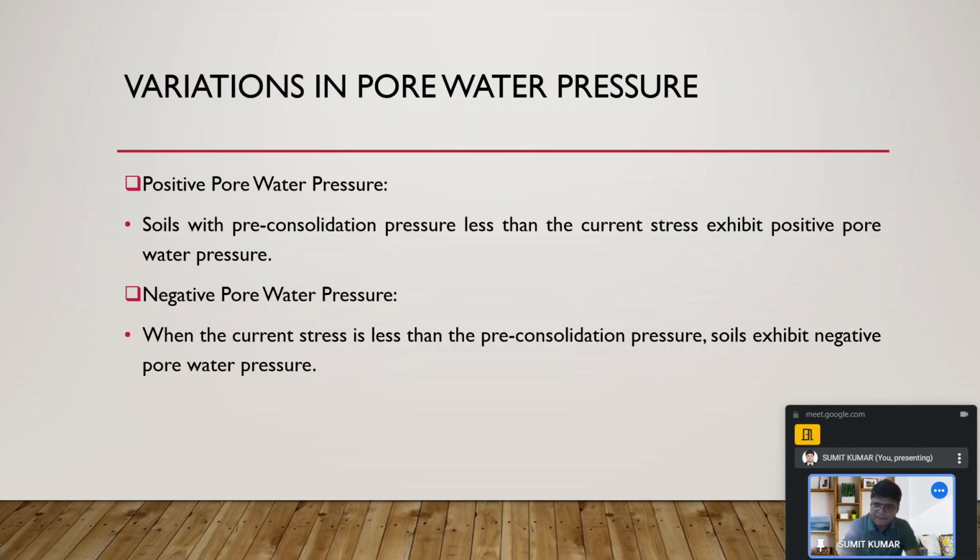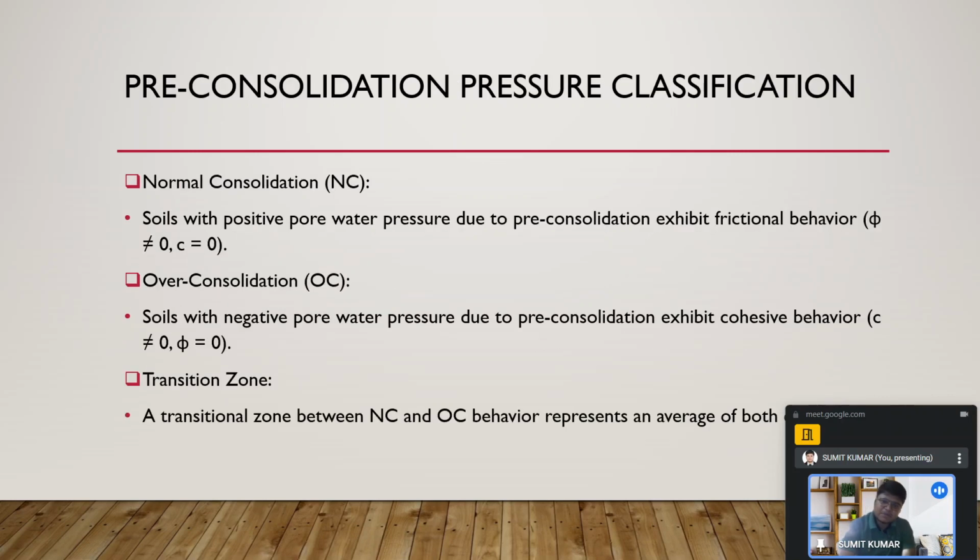Moving ahead, we find the pre-consolidation pressure classification. So we talk about the normally consolidated, over consolidated, and a transition zone. We must understand what we mean by normally consolidated soil, what is meant by over consolidated soil, and when we say that it is in the transition zone.